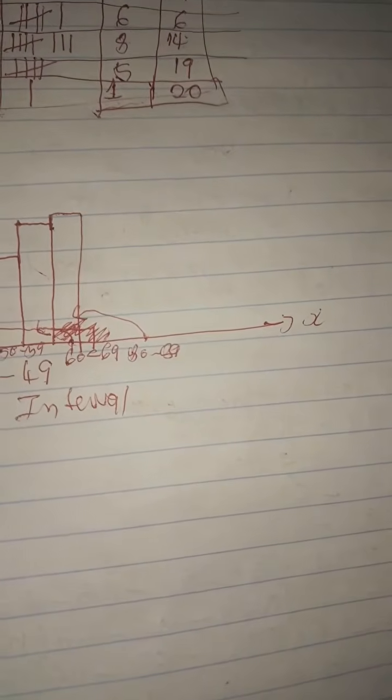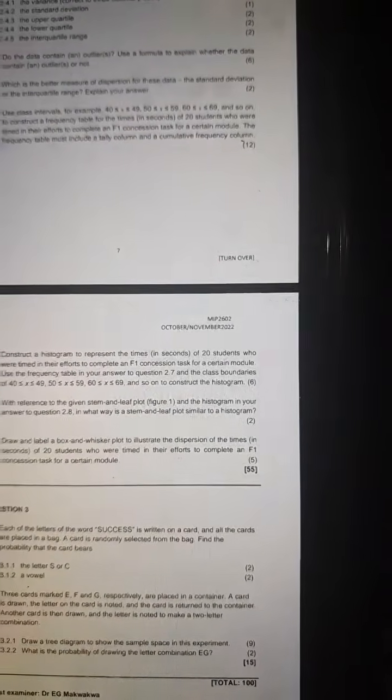So let's go to 2.9. With reference to the given stem and leaf plot and histogram in your answer to question 2.8, in what way is the stem and leaf plot similar to the histogram?